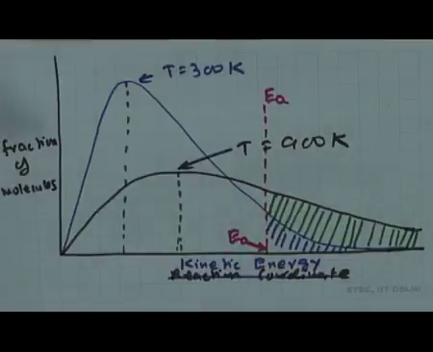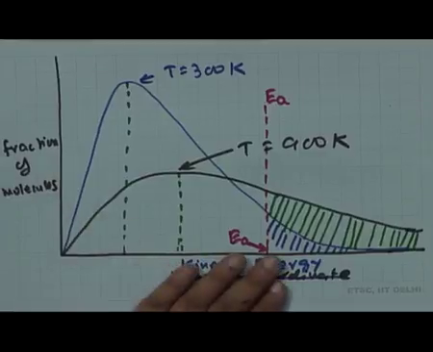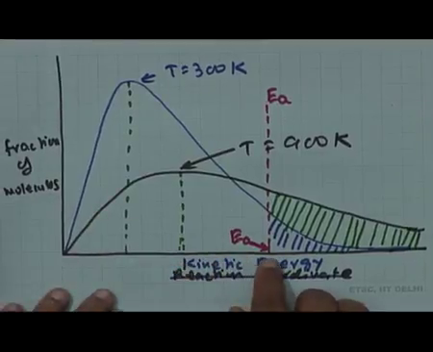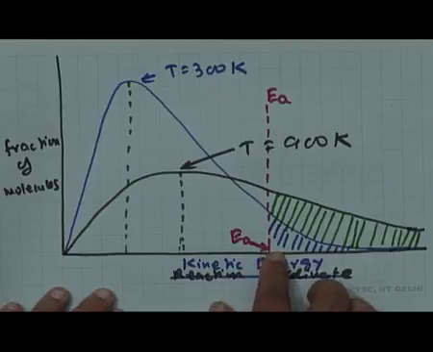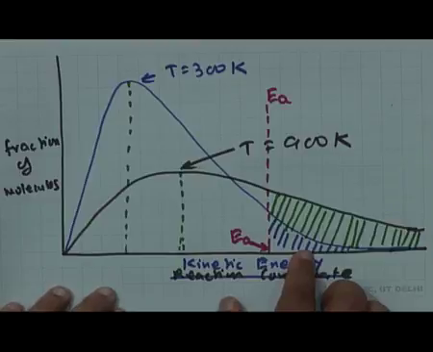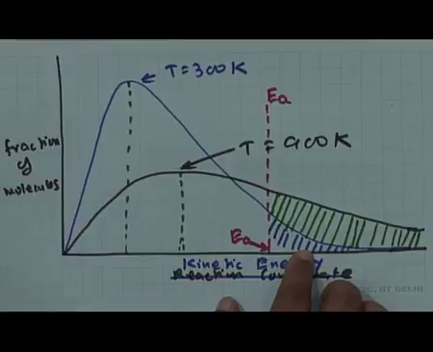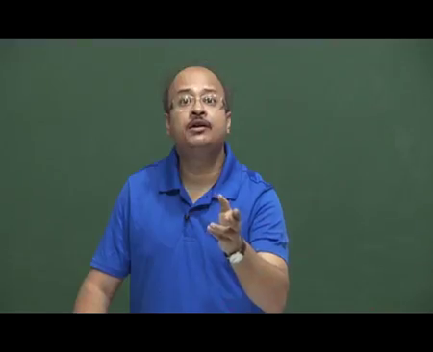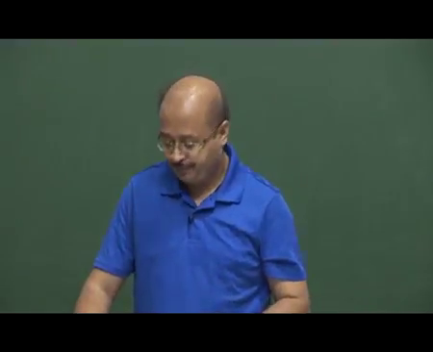So if my activation energy is somewhere here, then all molecules having energy greater than EA must go over to the product side.